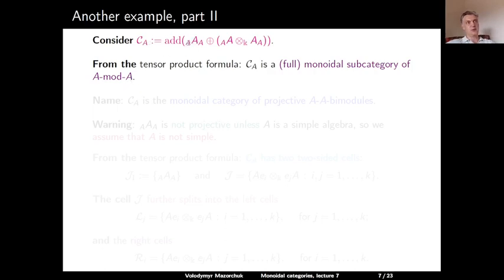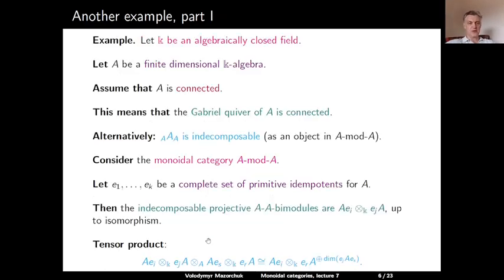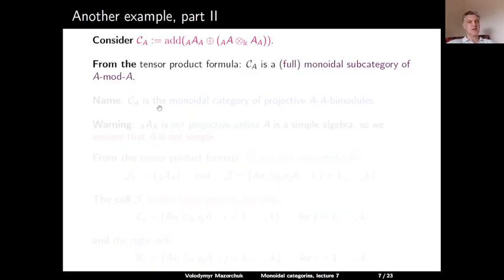Indeed, the regular bimodule is the identity object, so tensoring with it does nothing, and this formula implies that projective bimodules are closed with respect to the tensor product. So this gives us a monoidal subcategory inside A-mod-A, and one usually calls this monoidal category C_A the monoidal category of projective A-A bimodules.